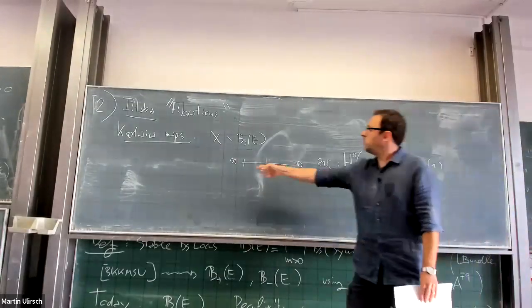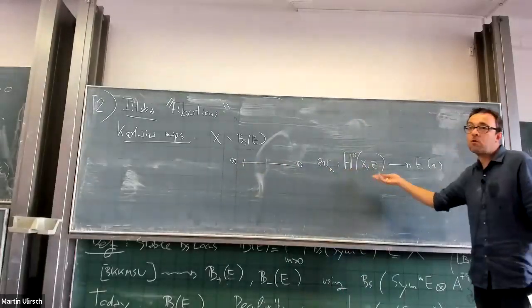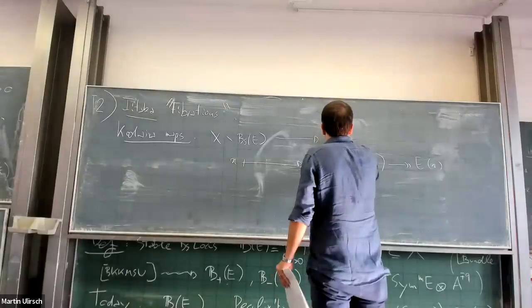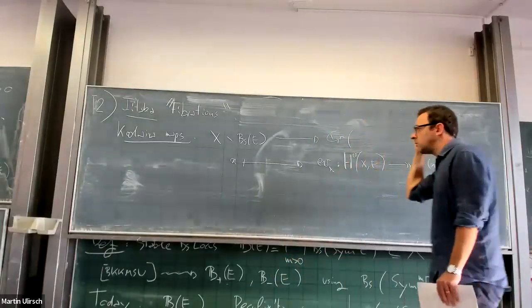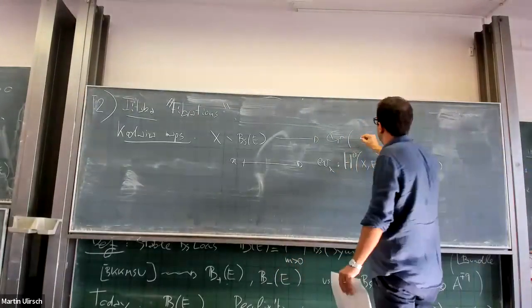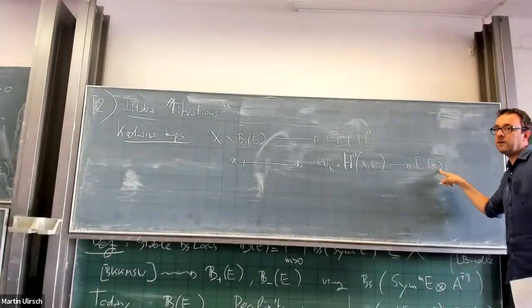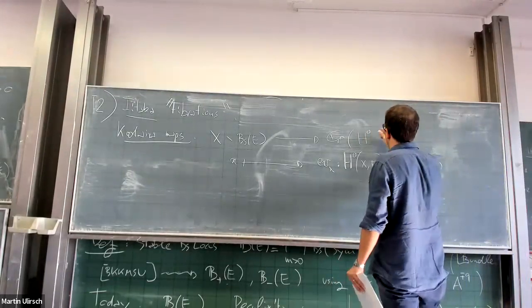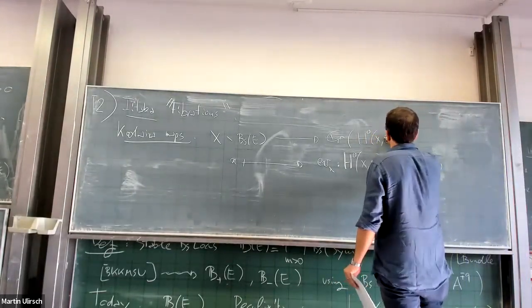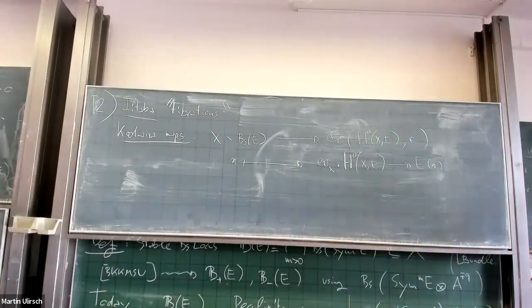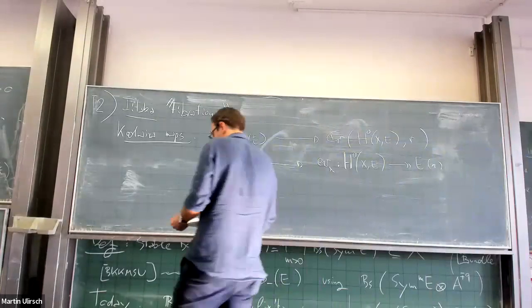So to each point of X, we associate a quotient, and such a quotient is a point of a Grassmannian. So we have a map from X minus the base locus of E to the Grassmannian of quotients of dimension r of H^0(X,E). This is what we call the Kodaira map.